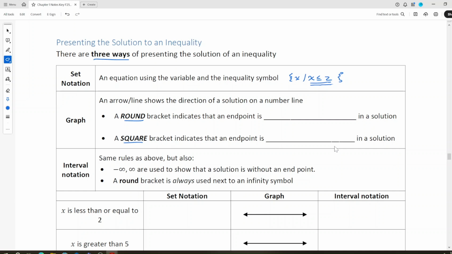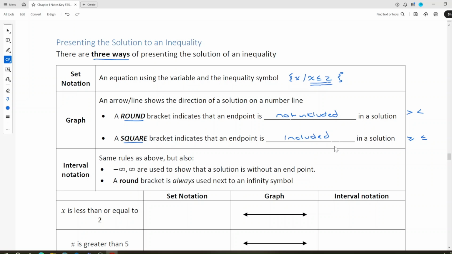If you use a round bracket, that indicates the endpoint is not included in the solution. For example, it's greater than or less than. If it's a square bracket, it means it is included. So that would be something like greater than or equal to or less than or equal to.